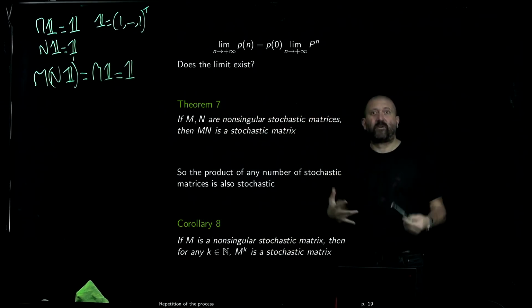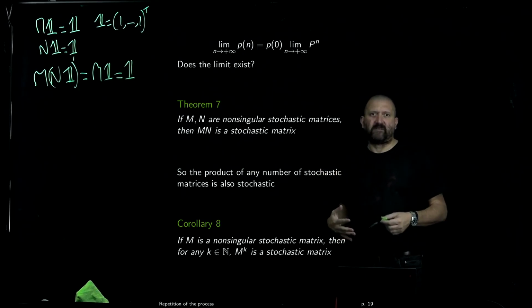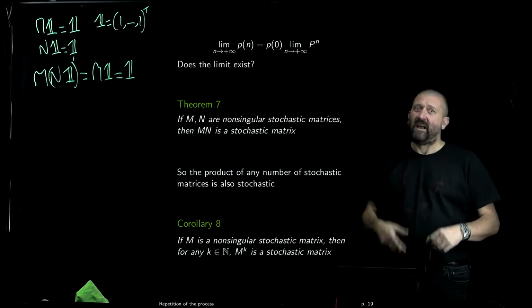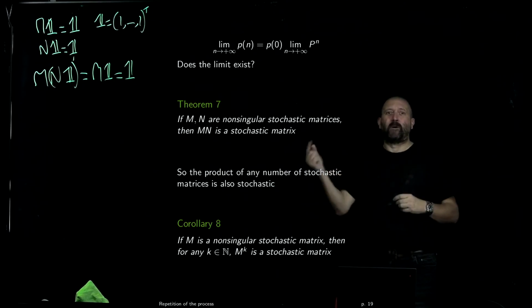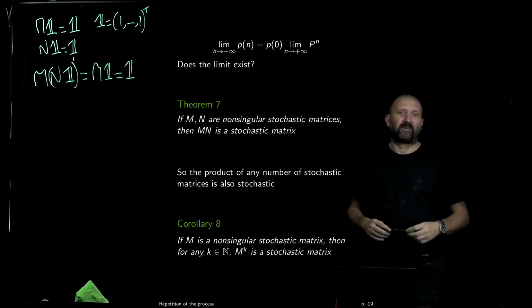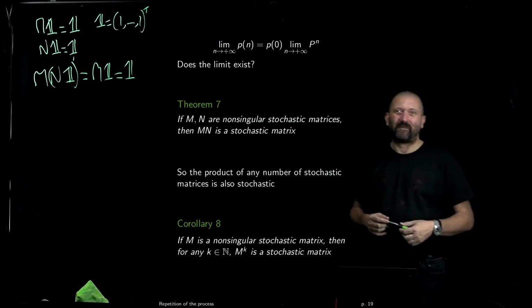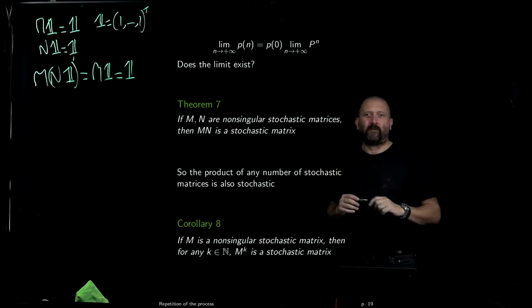So that means the product of row stochastic matrices is a row stochastic matrix. The product of column stochastic matrices is a column stochastic matrix. I'll just point out that if you take products of row and column stochastic, that was one of the questions in the worksheet, it's not so clear. But if they have the same property, it's easy to show.